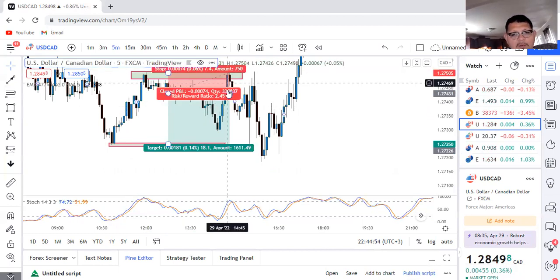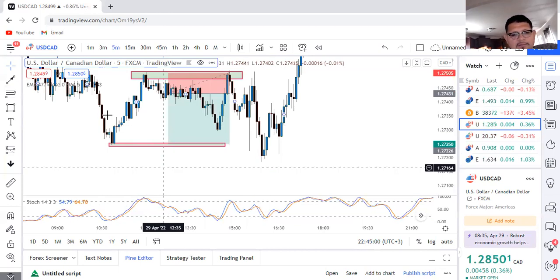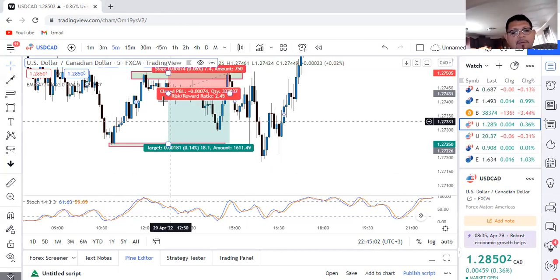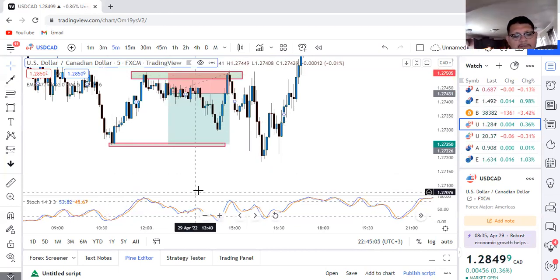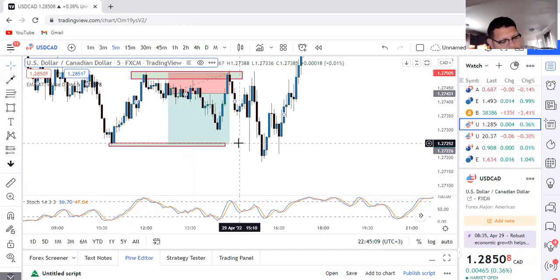It did eventually go up to my stop loss, but I held it just because I already knew that it was a nice pullback based on the 15-minute stochastic. So I just took my profit here.